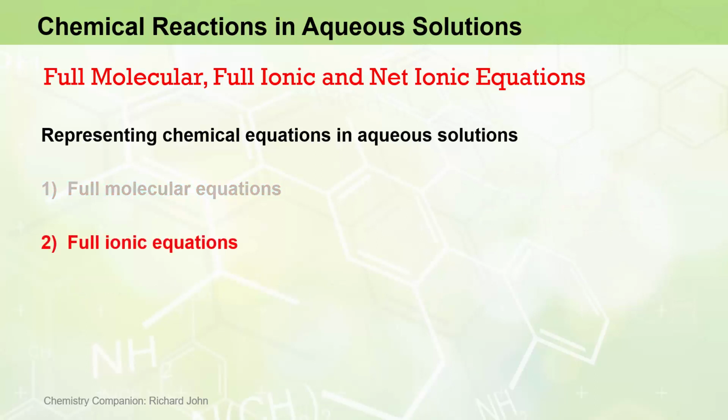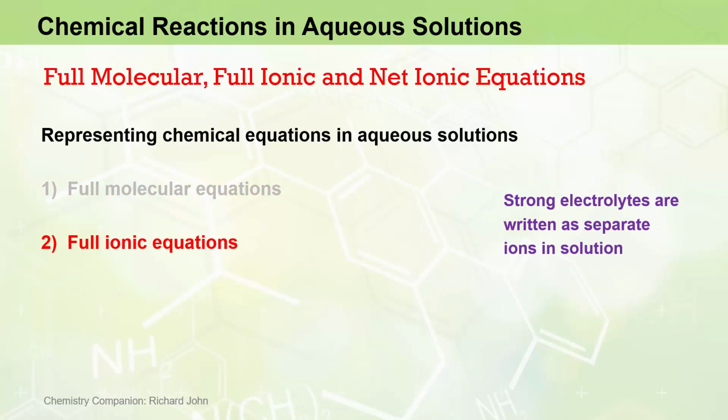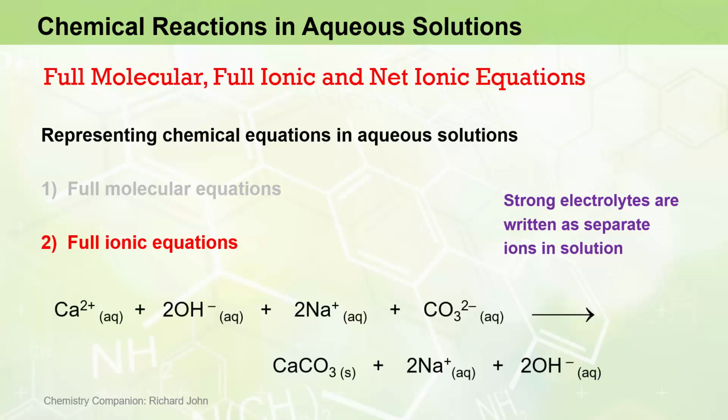In full ionic equations, ionic substances that are strong electrolytes dissolved in water are written out as separate ions in solution. And here is an example of a full ionic equation where we see that the soluble calcium hydroxide compound is written as separate calcium ions and separate hydroxide ions. And the soluble sodium carbonate compound is written as separate sodium ions and separate carbonate ions.